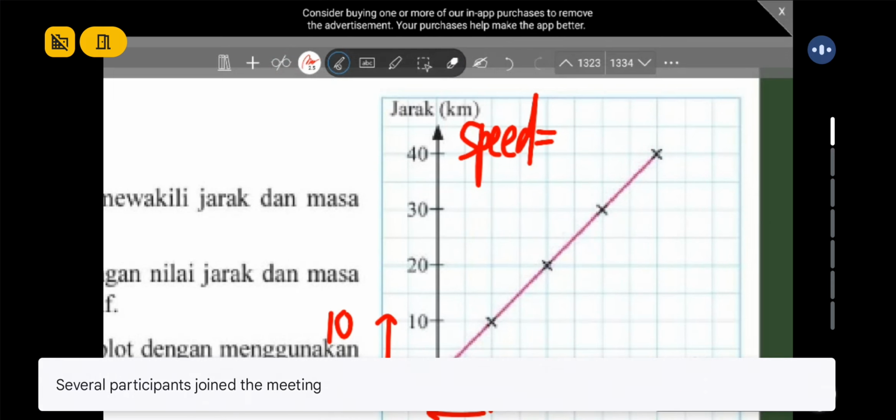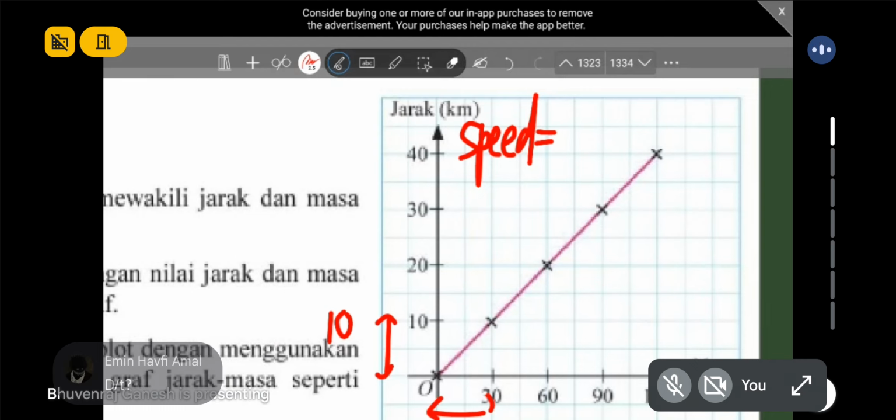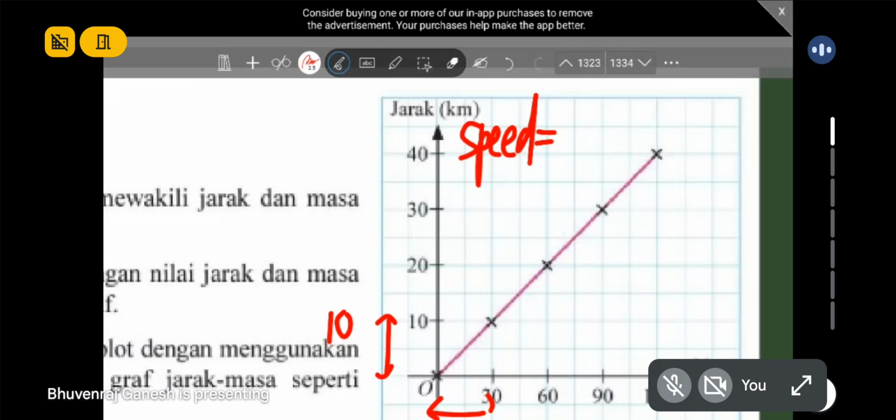Siapa tahu laju dia kat sini? I want the value guys. Saya nak nilai dia. What is the speed for this graph? Yes, 0.33, correct. The answer is 40 over 120.